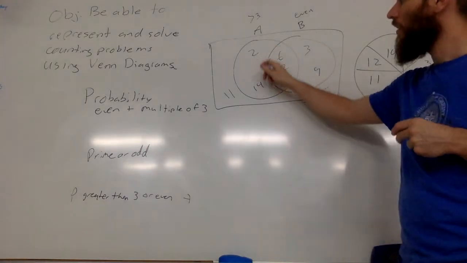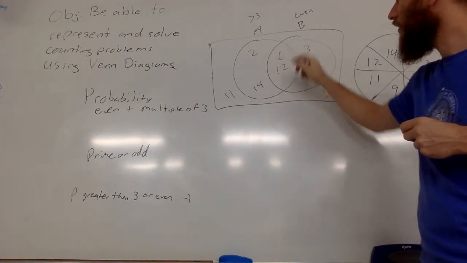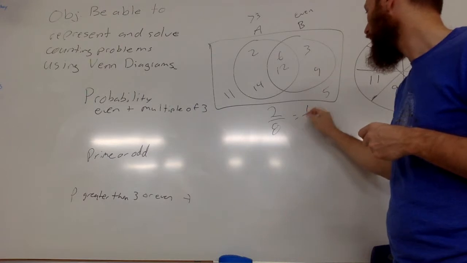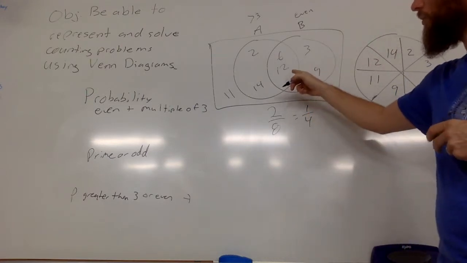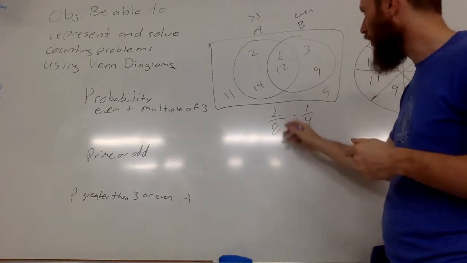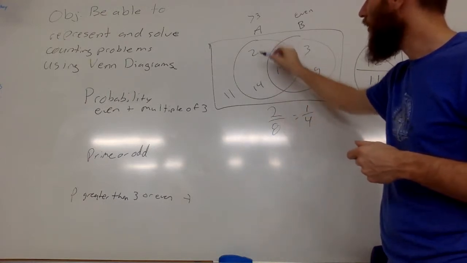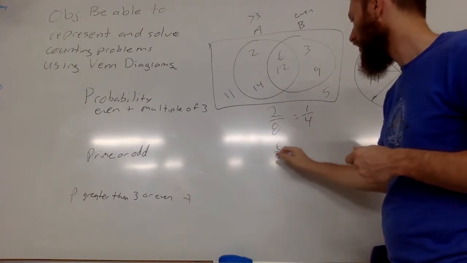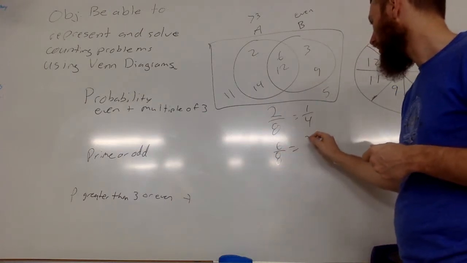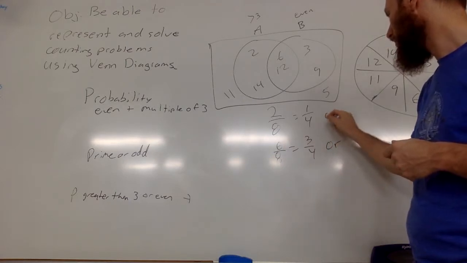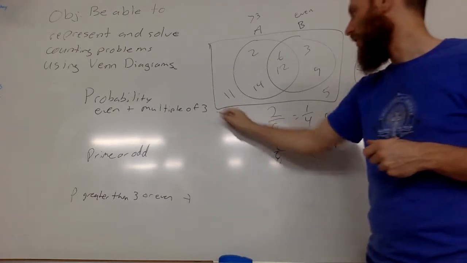Even and a multiple of 3. There's only those 2. So it's a 2 out of 8 or 1/4 chance that it's a multiple of 3 and even. If I was to say the or, multiple of 3 or even, then again we have 1, 2, 3, 4, 5, 6 out of 8, or 3/4. This would be the or, and this would be the and.